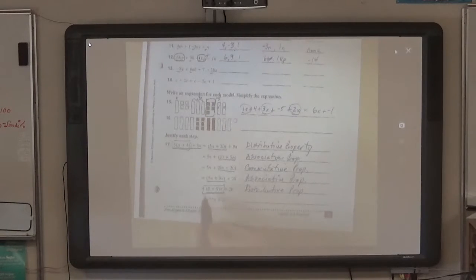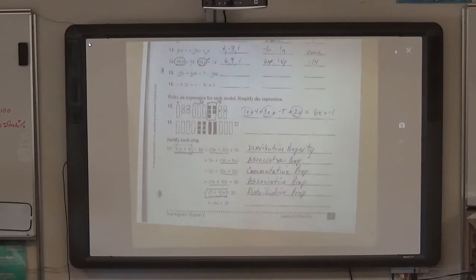And then 5 plus 9n's to 14n's. We could just say the property of addition, or you could say we're adding like terms here, okay?